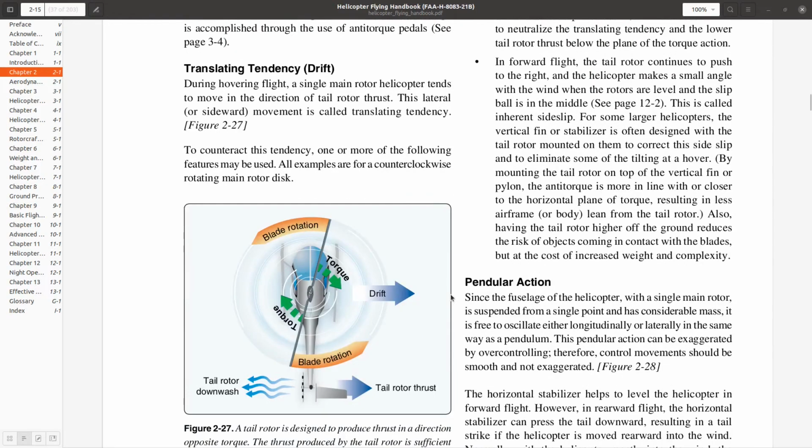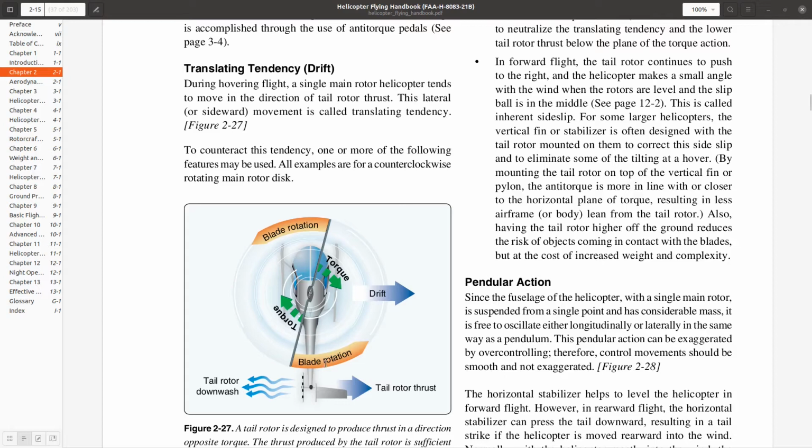When you are flying in a helicopter in a hover, you have this thing called translational tendency or drift. And what is that? Well, if I look at a typical helicopter from above, the blades are spinning this way, counterclockwise. So I'm going to have a tail rotor on the left side of the tail, and it produces thrust toward the right.